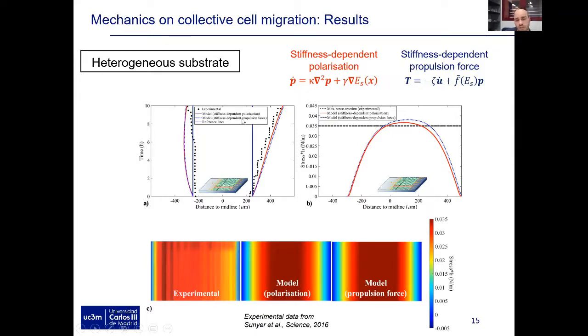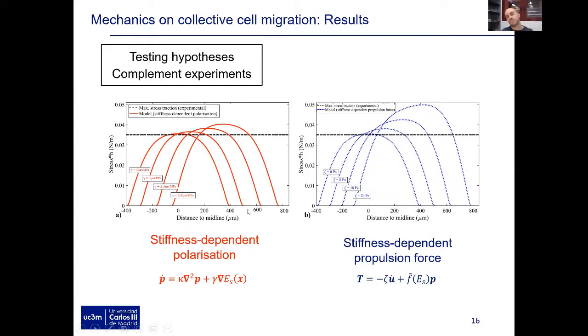If we look at these migration dynamics, a priori we can say both hypotheses provide an explanation for that durotaxic response. And we can say it works pretty well for both of them, and we get the dynamics. But then if we move to mechanics, let me go there because I think it's clear.